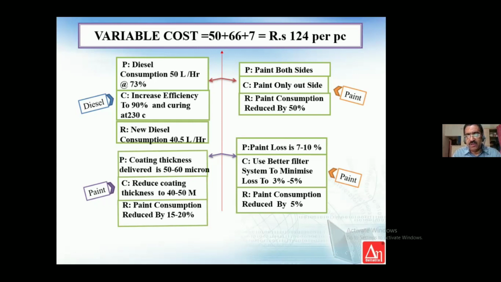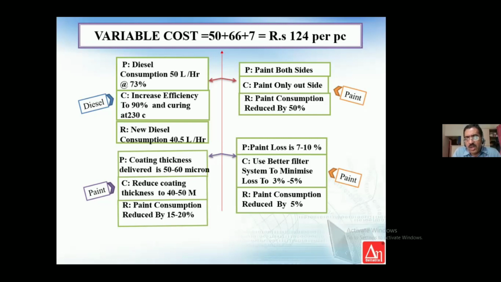If the specification is silent, let us interpret it to our advantage, not to the customer's advantage. If you go and ask the customer, do you want the inside to be painted? He said, yes, definitely. But if he was so particular, you would have put it in the specification. So utilize the specification to your advantage and paint only one side.